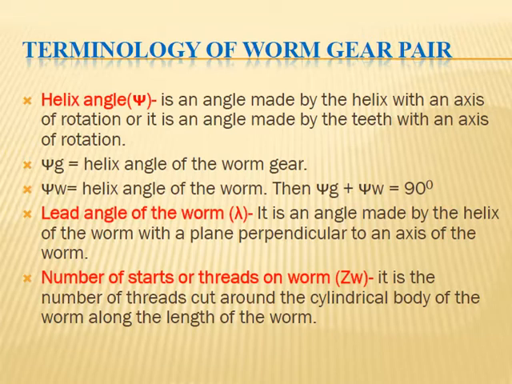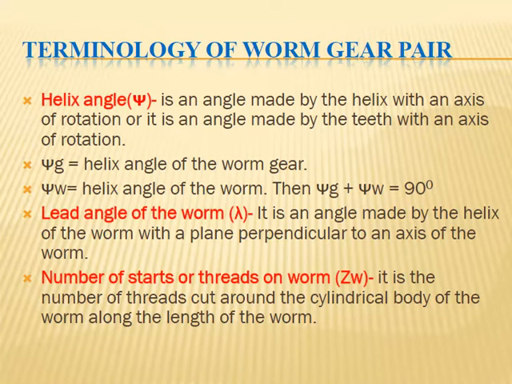The same lead angle concept is useful here. Lambda is the lead angle of the worm, and it is equal to psi g. Please keep in mind, the helix angle of the gear is equal to the lead angle of the worm.